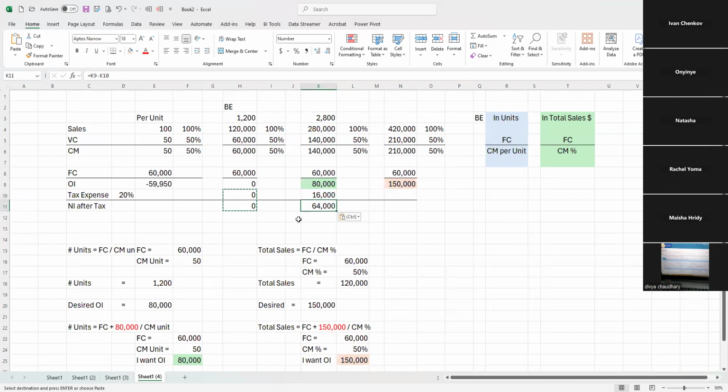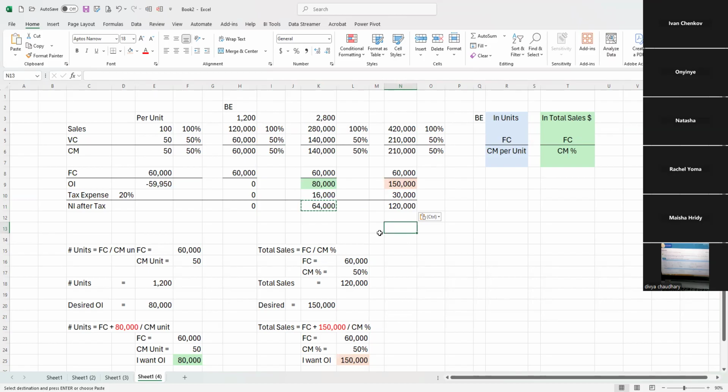So how much is left for me? 64, right? And if I want 150, I still have to pay 20%, so I have to pay $30,000. And if I pay $30,000, how much is left for me? 120,000 only.